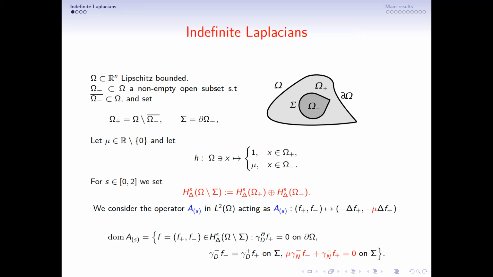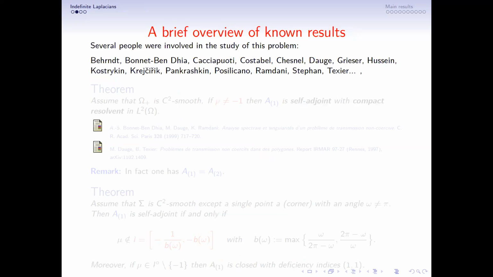All right. So now let me give some well-known results. This problem started to be studied in the beginning of the 90s, something like this, beginning with Bonnet-Ben Dhia from Paris and Rennes, like Costabel, for example. There are many people who are involved in this subject.